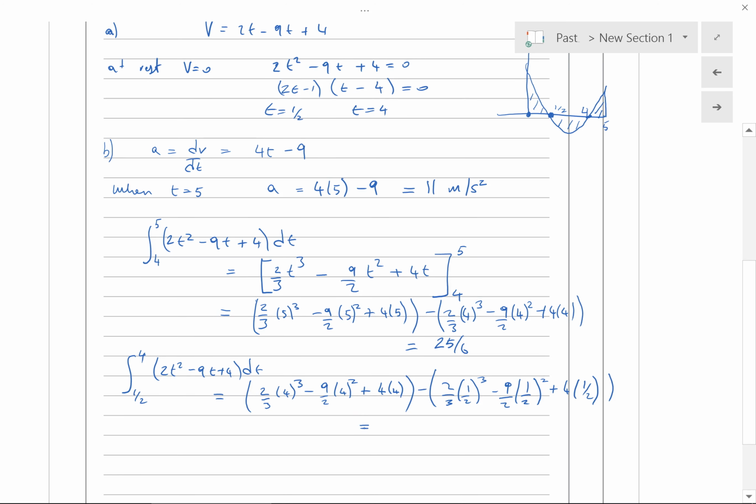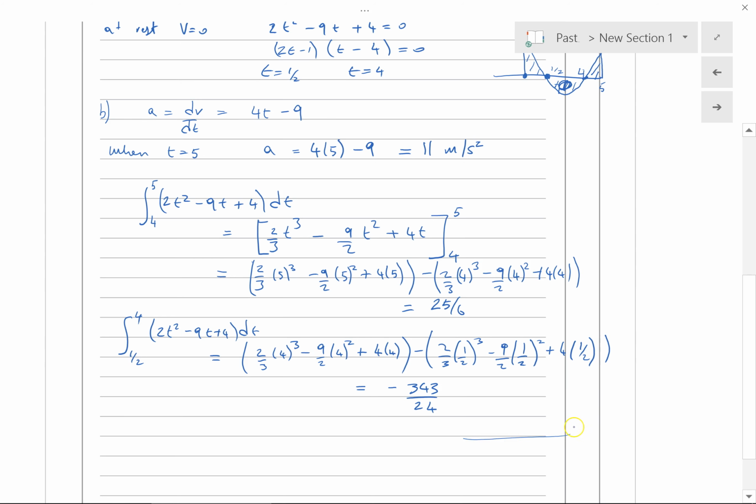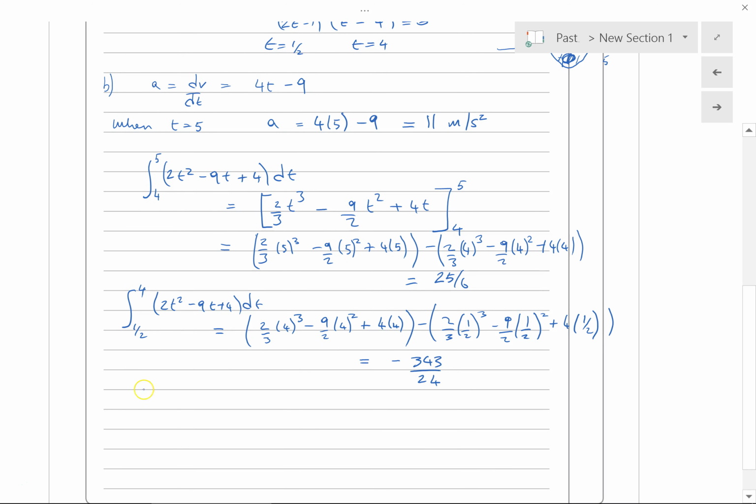Okay, and I do confess I'm using the integration function on my fx-991ES Plus to make sure I get an accurate answer. That gives me minus 343/24, but just because it's below the axis, all that means is it's gone back from its start position. So when we add them together, we're going to make that positive.